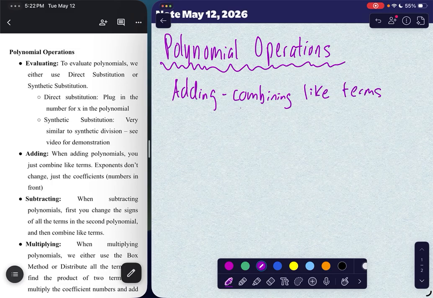The exponents don't change. And just the numbers in front do, right?